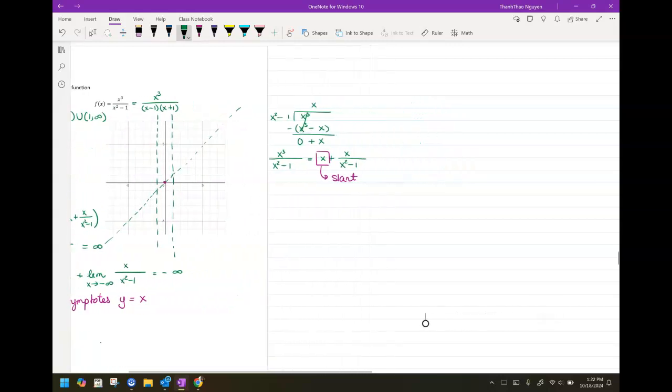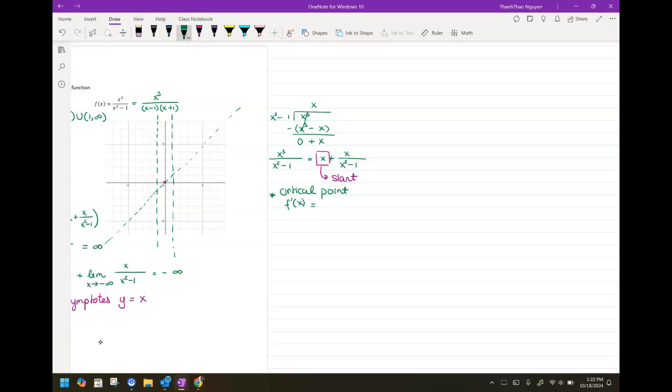Now the next thing is to find the critical points. Let's start by finding the derivative of f of x.